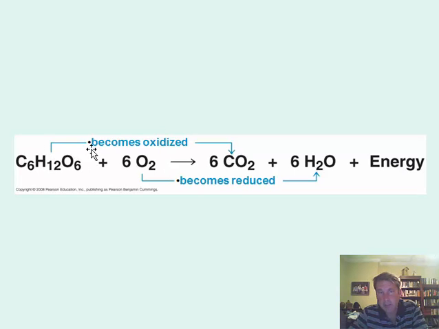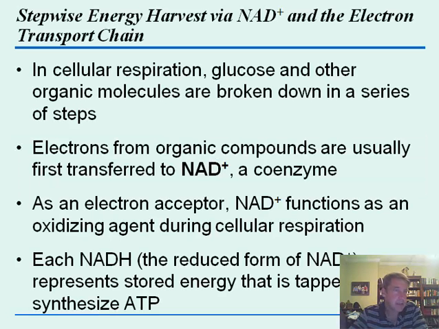Electrons are stripped from the fuel molecule and from other things, and they are picked up by electron carriers in the cell, and then they carry them to another part of the cell or the organelle. And these electron carriers are very important. The main electron carrier is NAD.